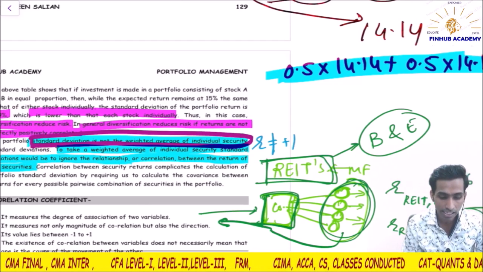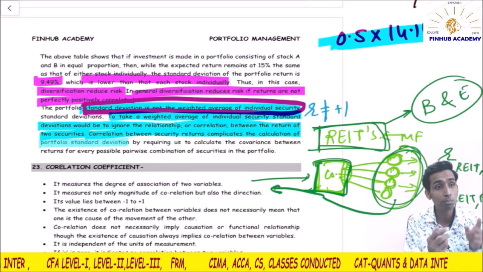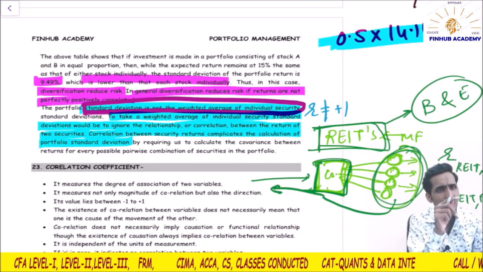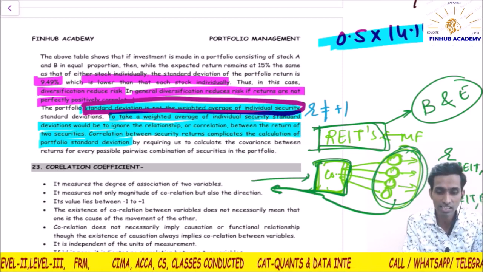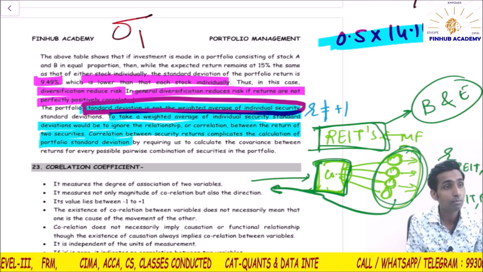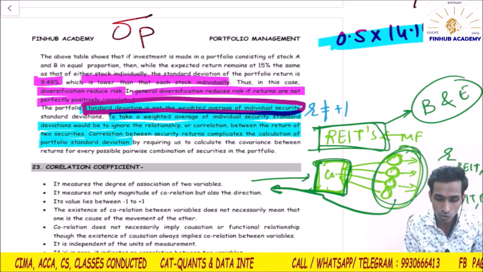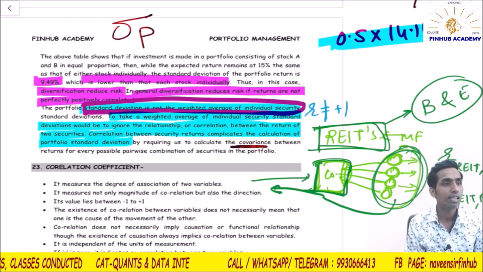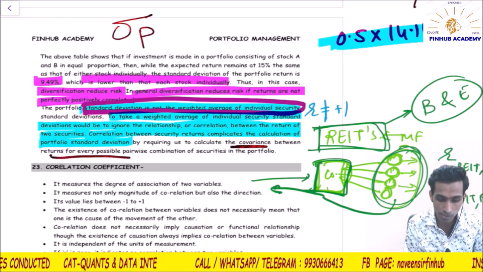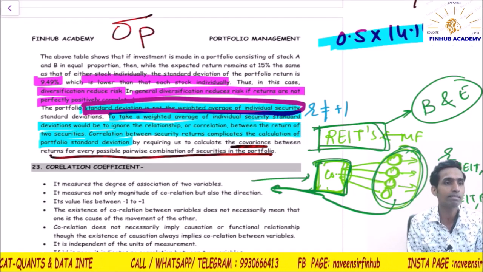Correlation between security returns complicates the calculation of the portfolio standard deviation, by requiring us to calculate what? Covariance. First you will calculate covariance between the returns of every possible pairwise combination of the securities. Covariance we just did, the same thing.